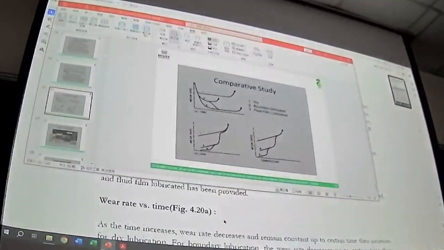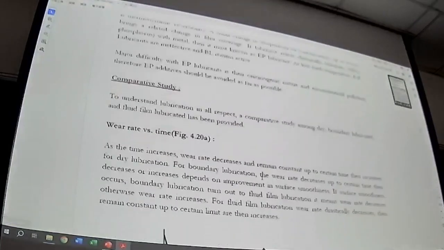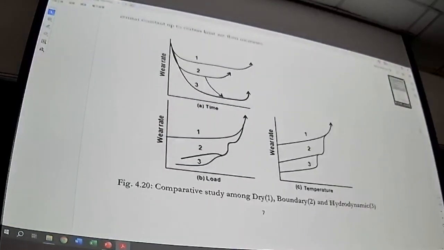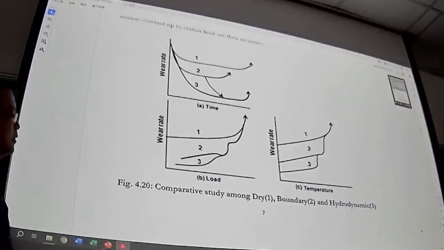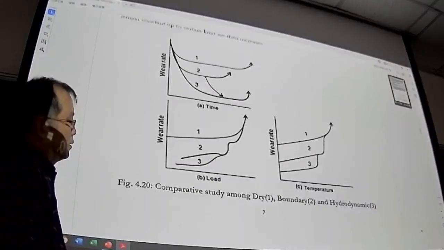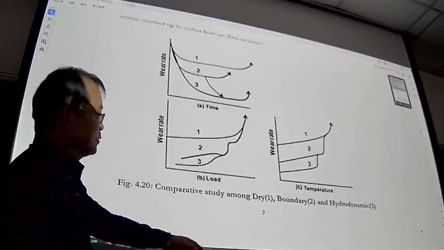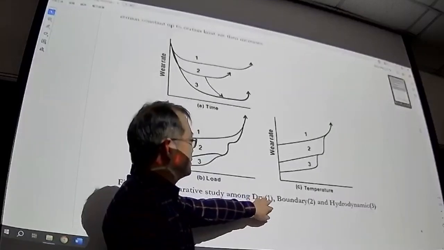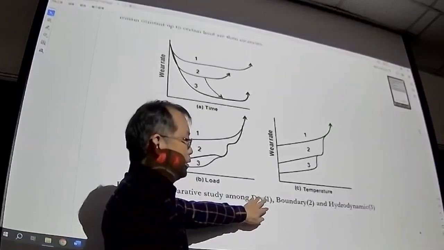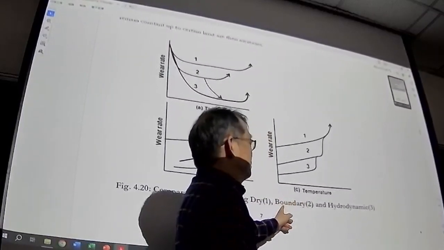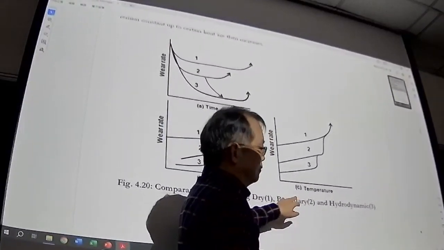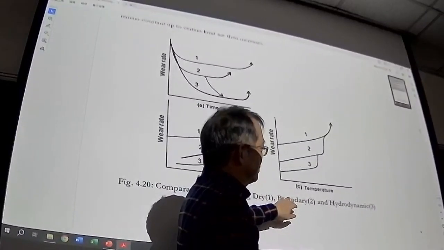So this is a comparative study. You can look at the textbook, which is better. So we have different lubrication statuses. The first one is dry friction, so without any lubricant. The second one is boundary lubrication, where you have only very limited lubricant.